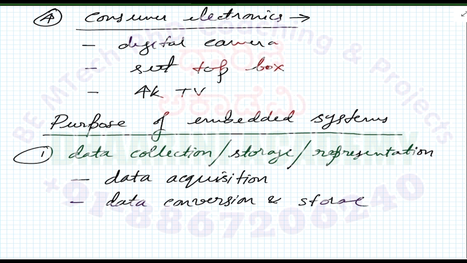And the collected data, after you store it, maybe you want this to be shown somewhere. Representation in the sense, I have an LCD display where I want to show what images I have. Okay, so that's what representation is. You can show it, represent it on screens, or maybe you attach it to a mail and send it.